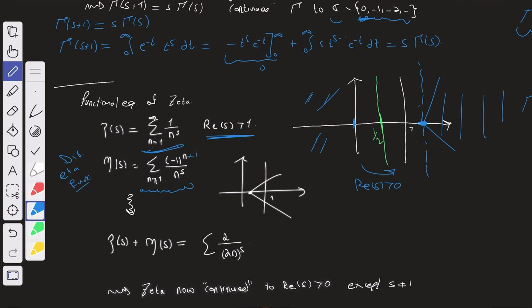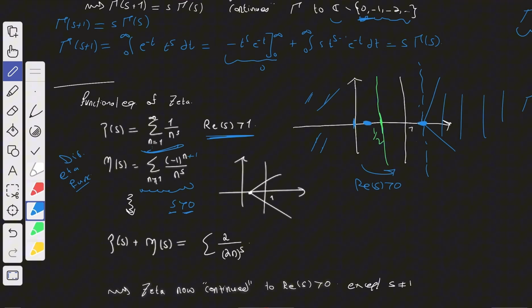Okay, so this function, if you recall, for s real and strictly bigger than 0, is convergent. The eta function, we know it's an alternating series, and by the alternating series test, it's convergent, for example, for s real over here.